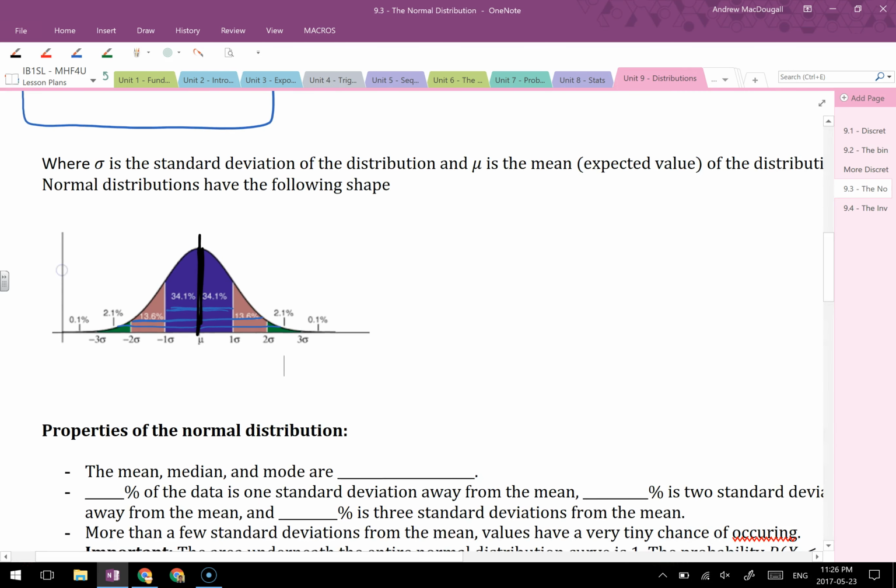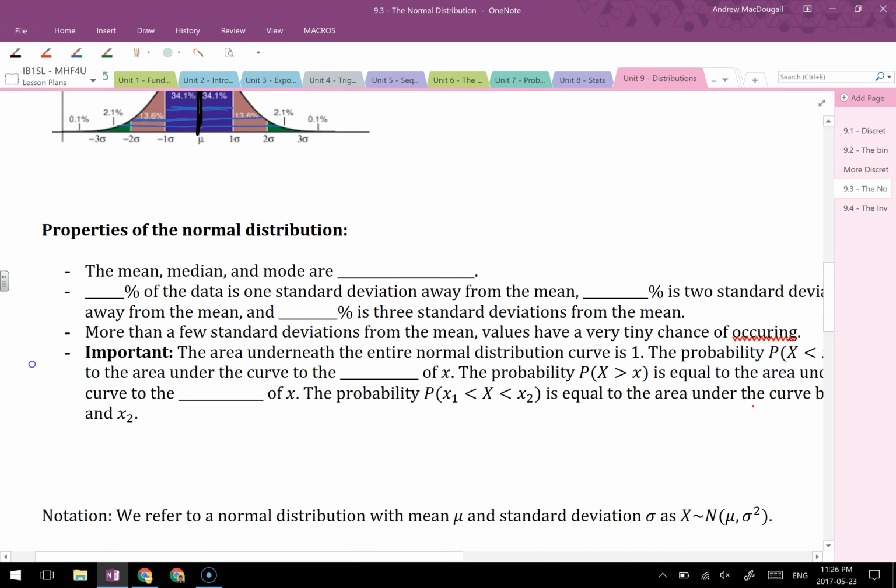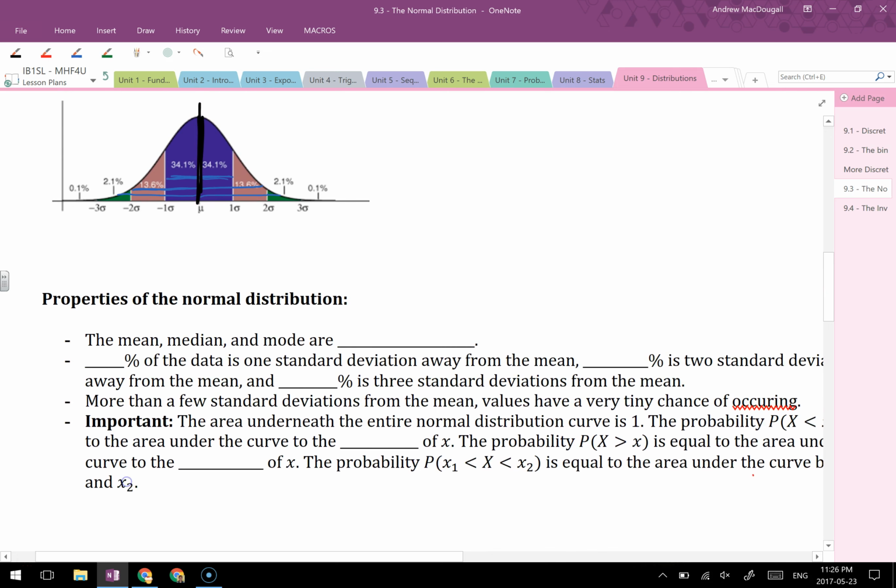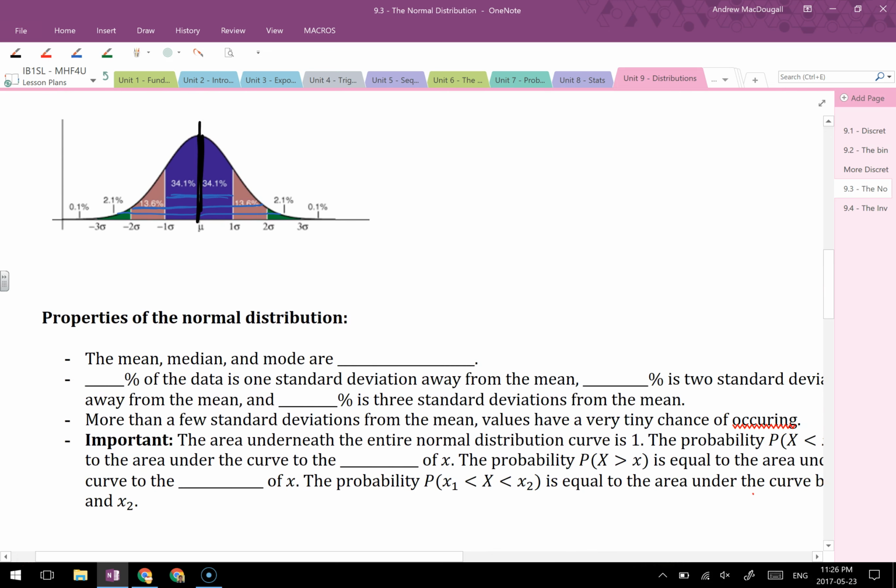Now, let's look at some properties of the normal distribution. In a data set that's normally distributed, the mean, median, and mode are all equal. I've already told you it's centered about the mean. That is the highest point. Remember, we have frequency on the y-axis, so the highest point is the most frequently occurring, the mode, and it's completely symmetric.